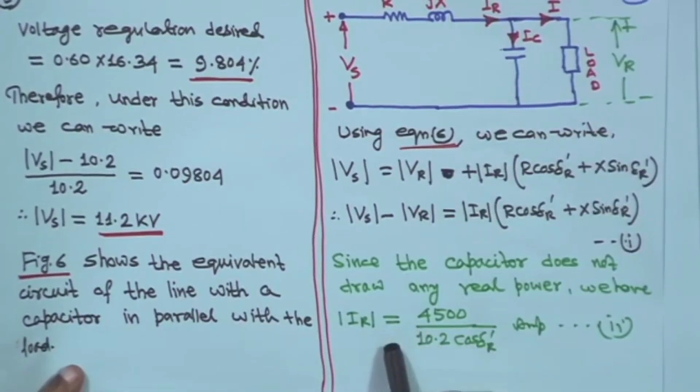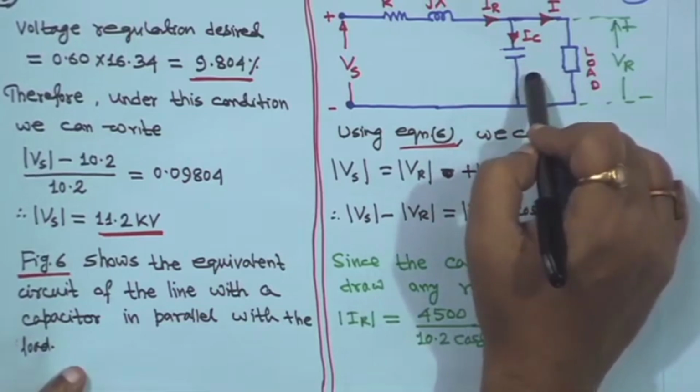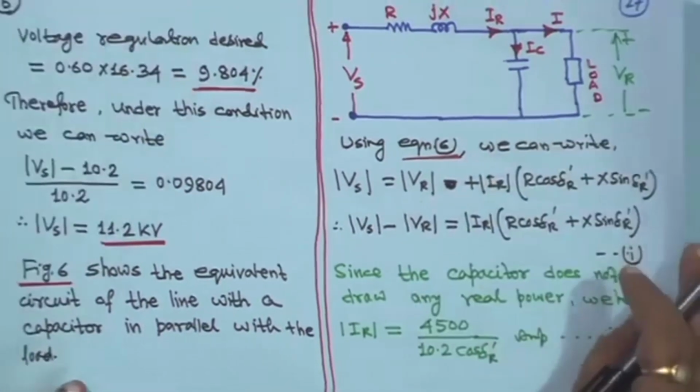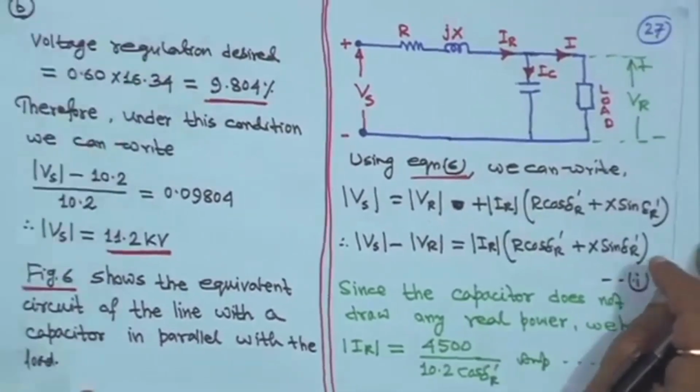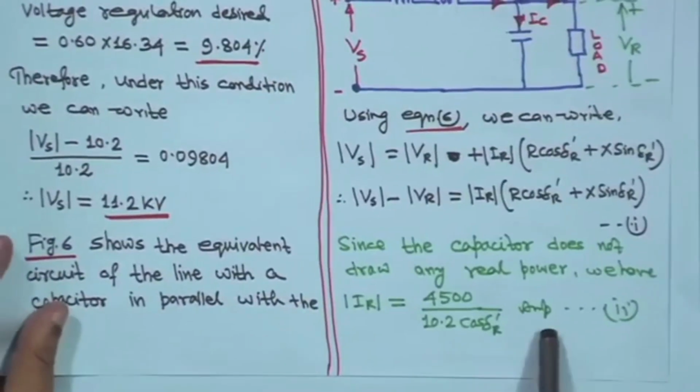Because the capacitor does not draw any real component of power, the combination of Ir will be the same thing: 4500 over 10.2 cosine delta R dash ampere.